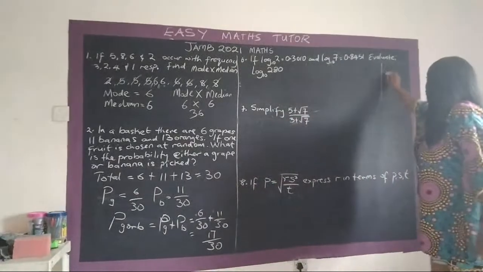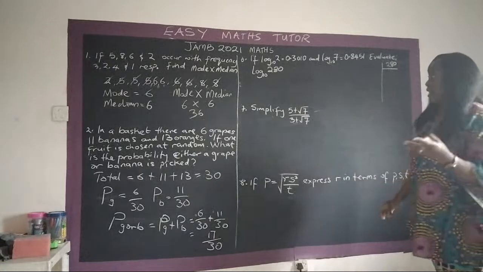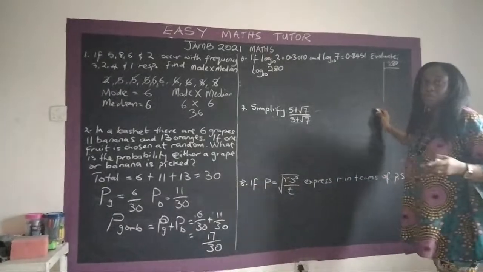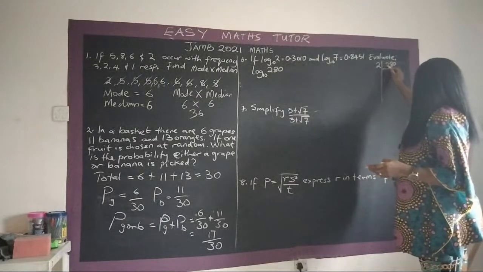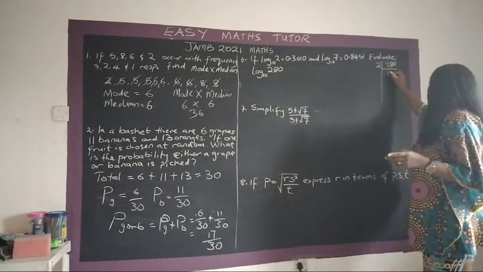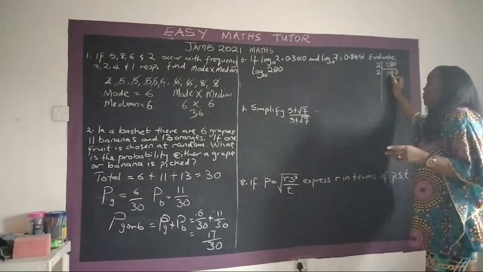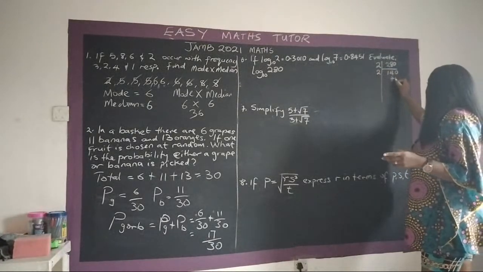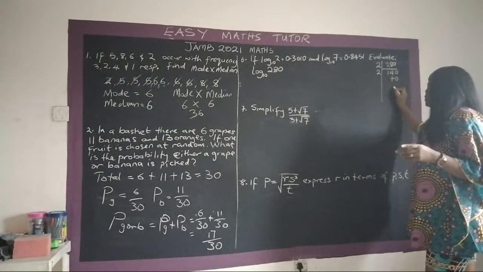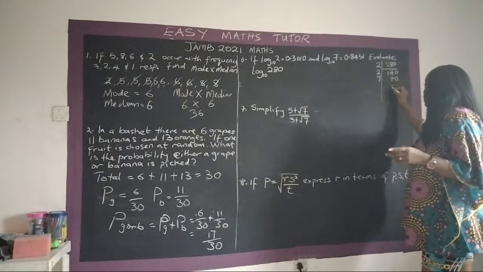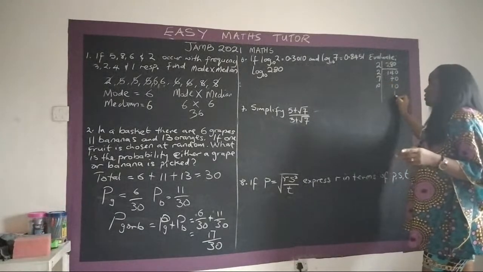We find the LCM so we can know how many factors will come out. 2 goes into 280 140 times, 2 goes into 140 70 times, 7 goes into 70 10 times, and 10 goes into 10 once.